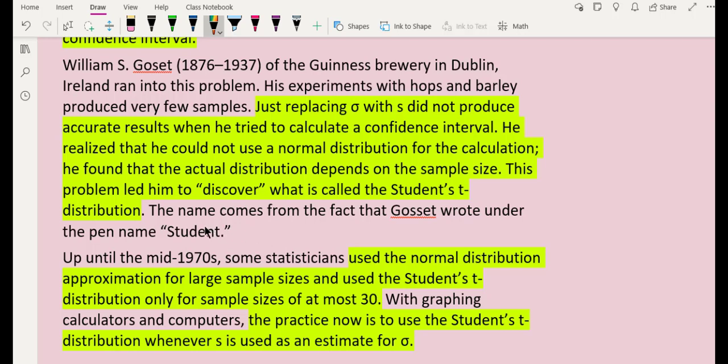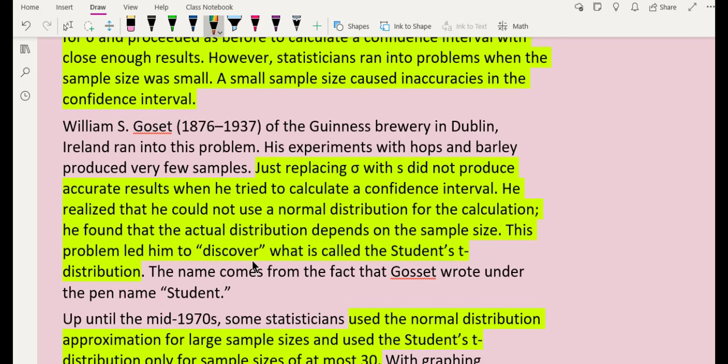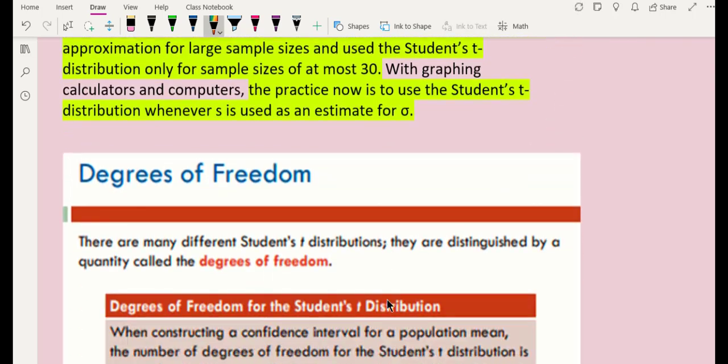When we don't know it, we replace it with a sample standard deviation S. If we read through all of this, we discover these different types of terminology.